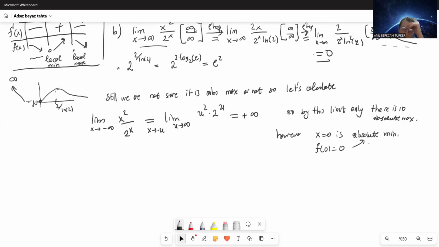Maybe I can show you a graph of this function. Let me type it in, x squared over 2 to the power x. So let me copy and paste.